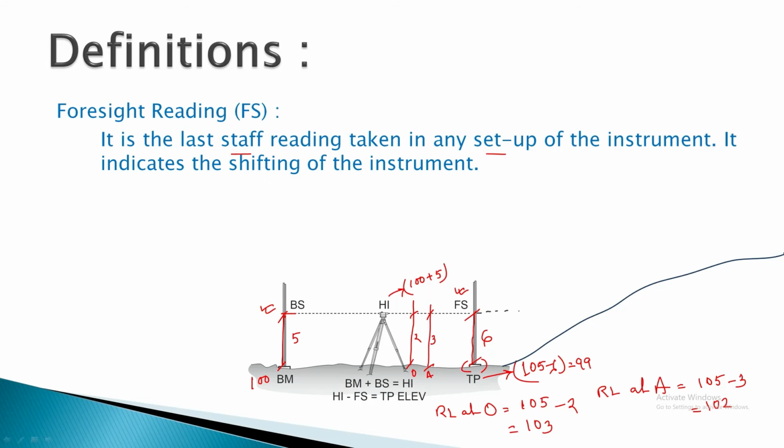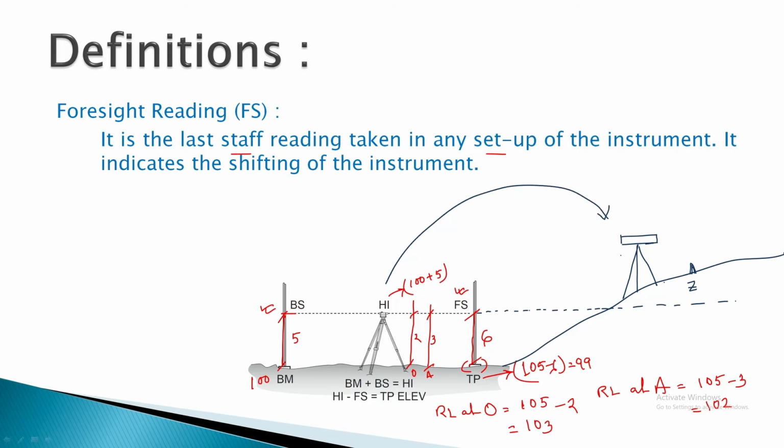If the line of collimation goes inside the ground, you can't determine the RL value at the higher positions. If you need to determine the RL of this particular point, suppose this is Z, you need to shift the instrument to a higher place. Suppose I am shifting this instrument to this station, so I am placing the instrument over here.